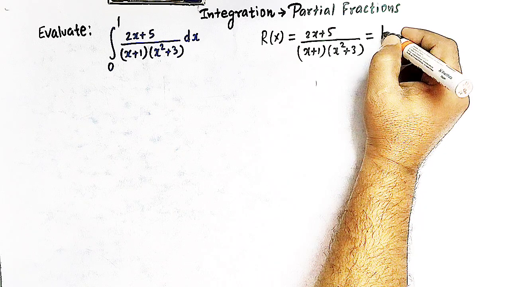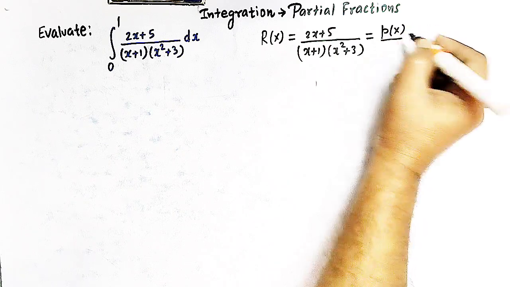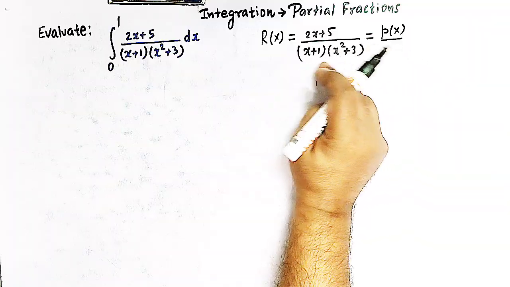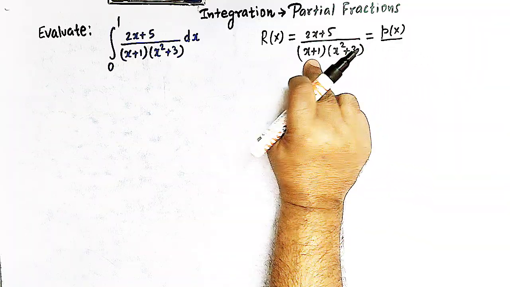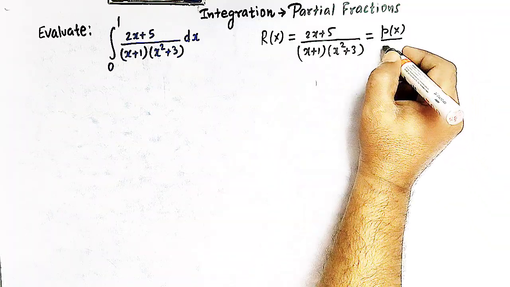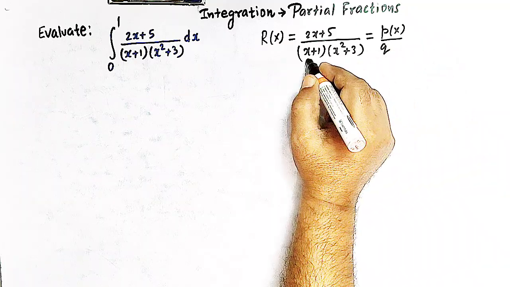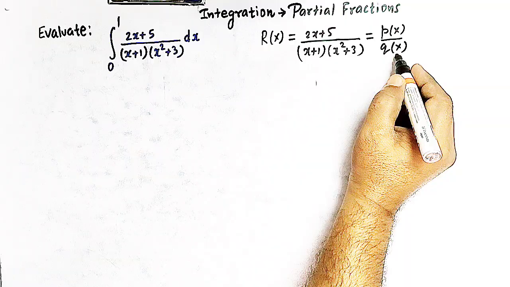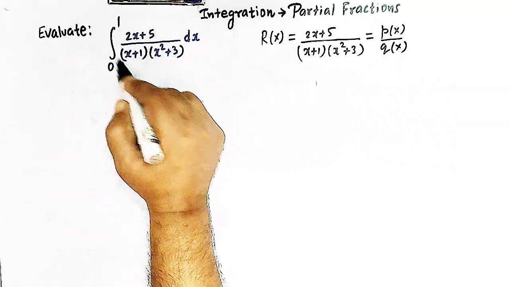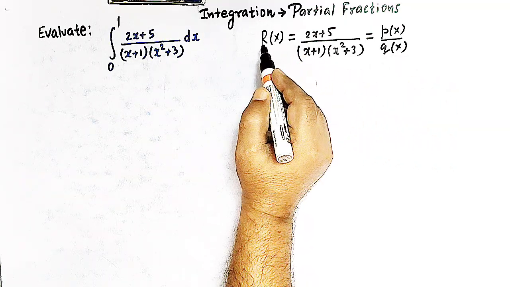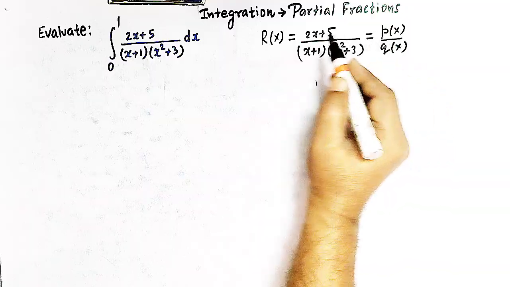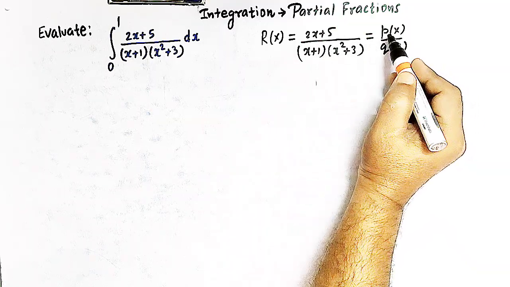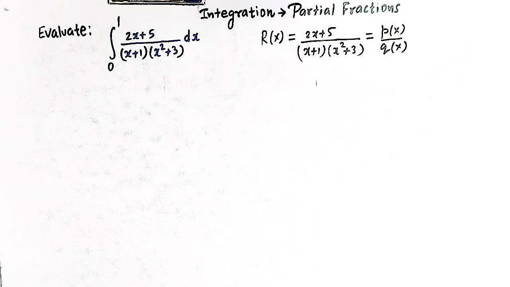Here we have p of x, which is 2x plus 5, and in the denominator we have the product of this linear factor with this quadratic factor, and the denominator may be denoted by q of x. So the integrand is a rational function r of x, the quotient of two polynomial functions p of x and q of x.